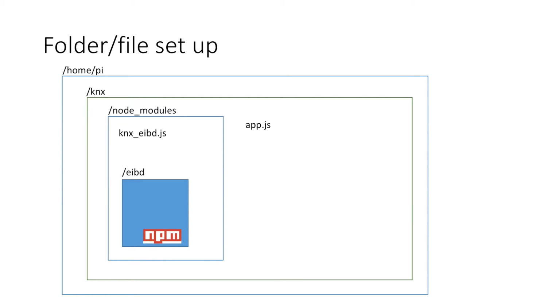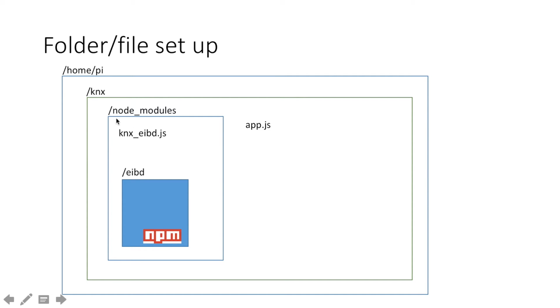So this is the basic folder setup which we're hoping to achieve. In our home /pi folder, we're going to create a new folder called KNX, which is going to house our application, and in that we're going to store app.js, which is our central application file which we'll be running, which will call all the other files further down here, and will act as the central element of our application.